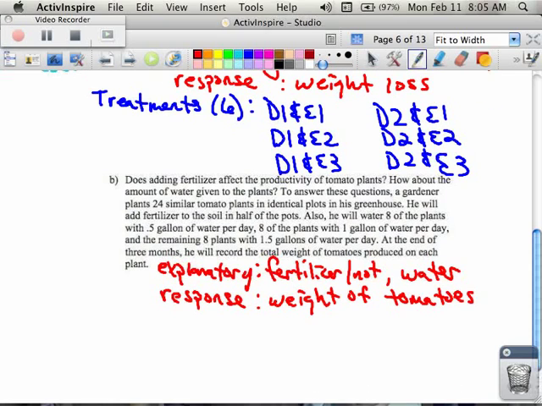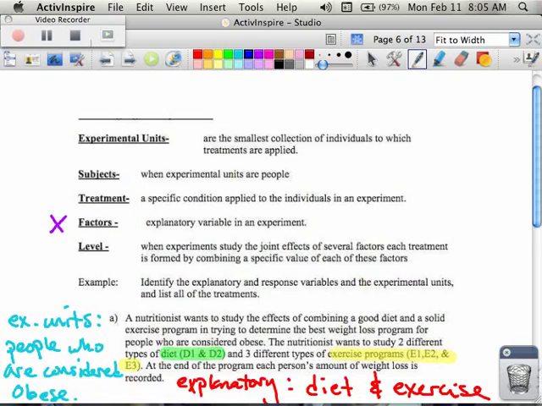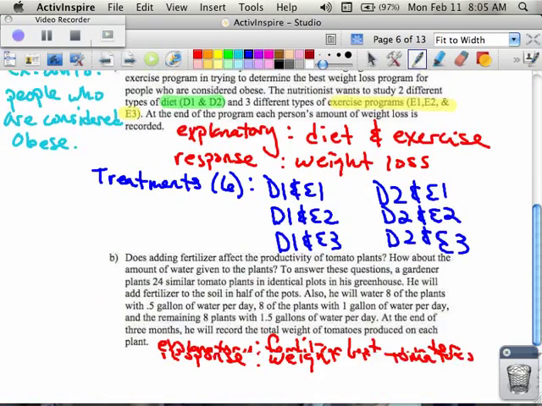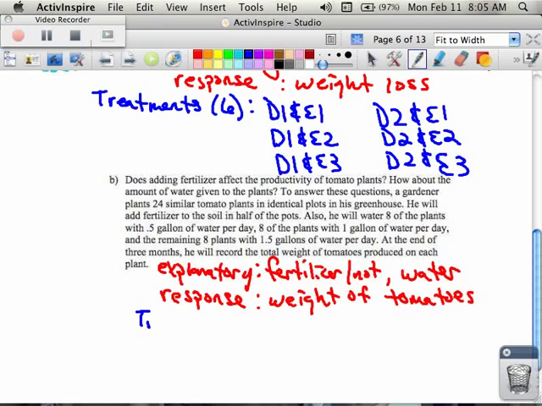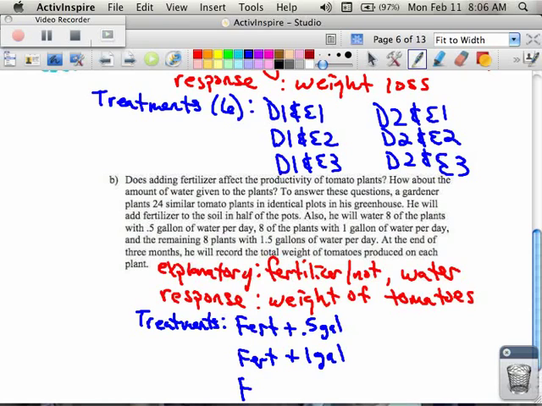And just like the previous one, it looks like we could do a total of 6 different treatments. So if I'm looking at my treatments, we could have fertilizer and half a gallon. We could have fertilizer and 1 gallon, and fertilizer and 1.5 gallons.